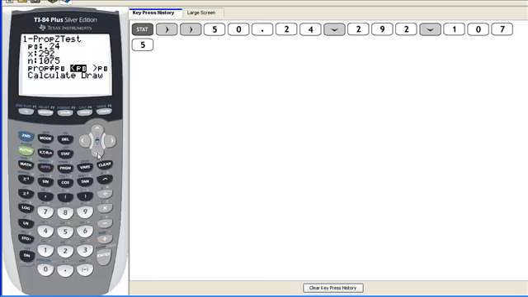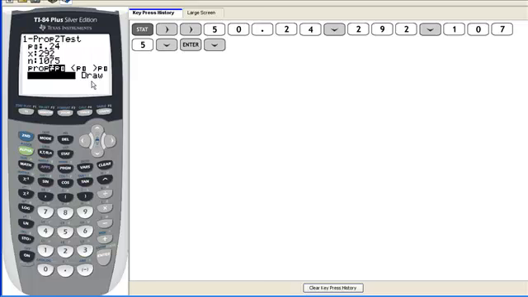Now I need to choose the direction of my alternative. Remember, this test was equal to versus not equal to, so I'm going to change what's highlighted to not equals, and now I just want to calculate. If I were to choose draw, what I would get is a normal curve and the two areas in the tails that represent the probability of getting a test statistic at least as extreme as the one we got.